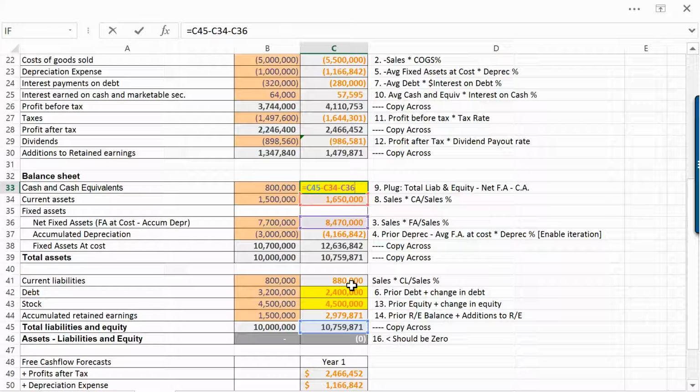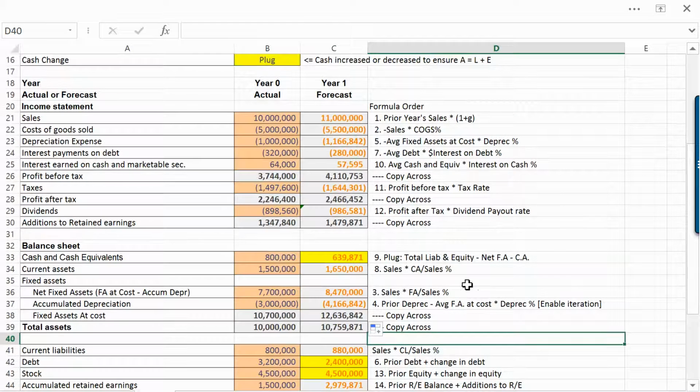Cash is equal to the difference between total liabilities and equity, total L&E, minus all fixed assets and current assets excluding cash. So this little plug makes sure that total assets equal total liabilities and equity.